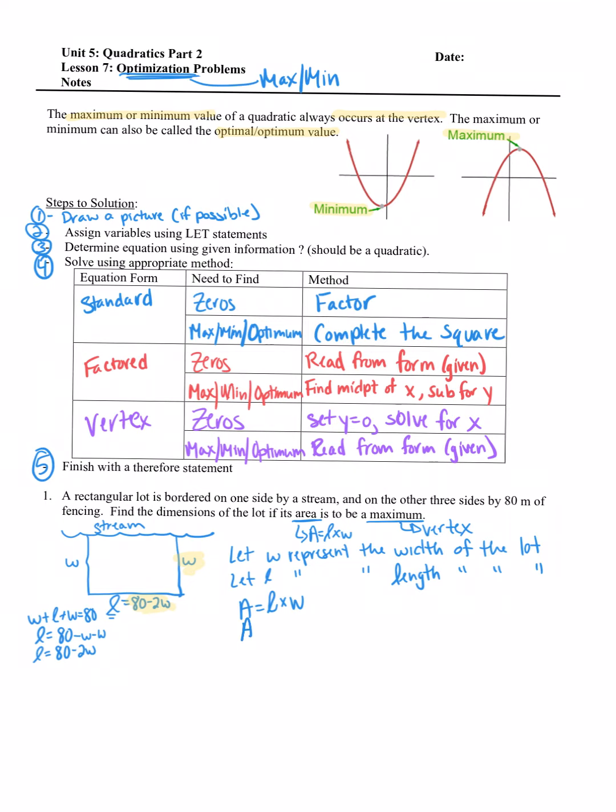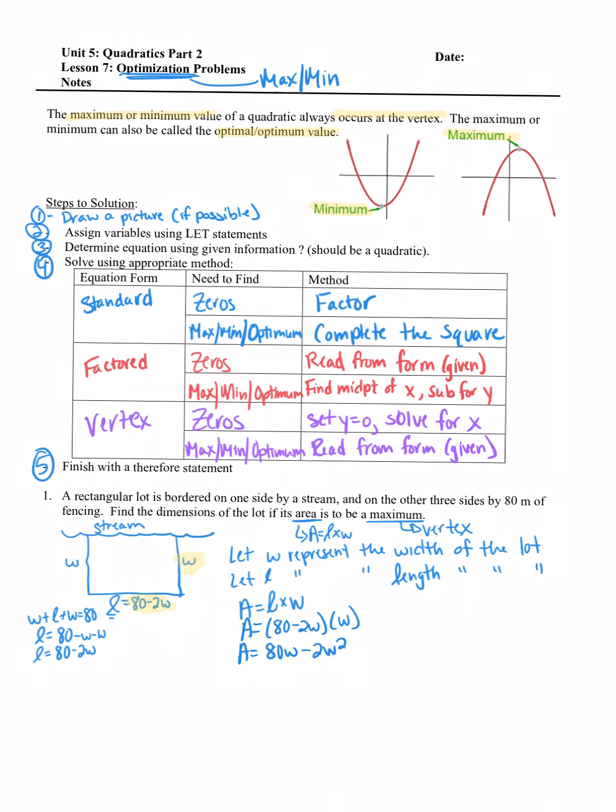So we can plug those in. We're going to have area equals length, which is 80 minus 2W, times W. So we'll expand and simplify. So we'll get 80W minus 2W squared.